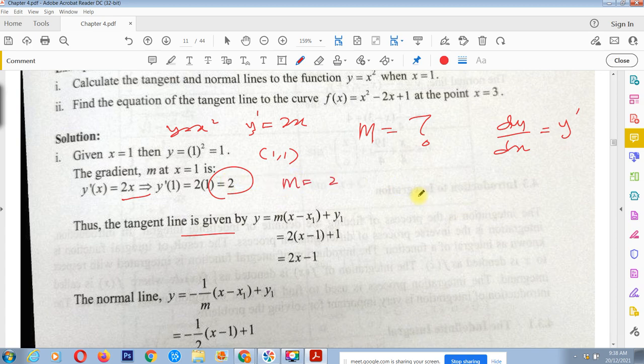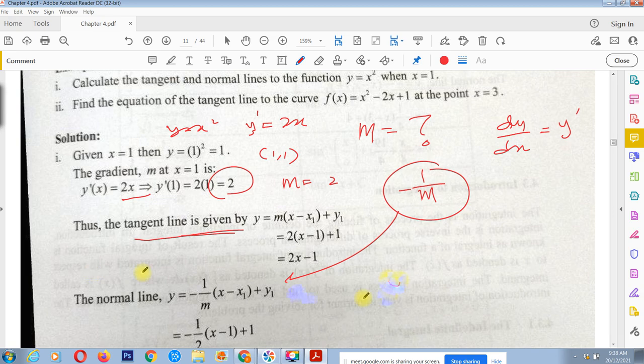For the normal line, the gradient is negative 1 over m. And for the rest, we just put in the number, the point, and then we get the equation of the line.